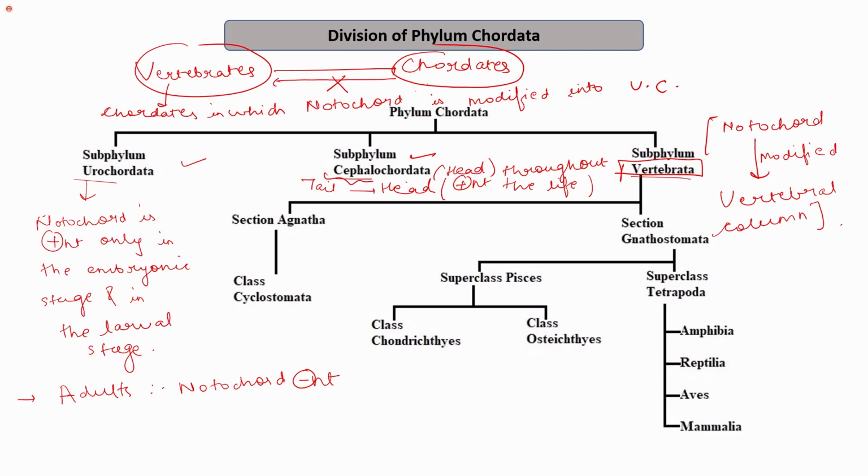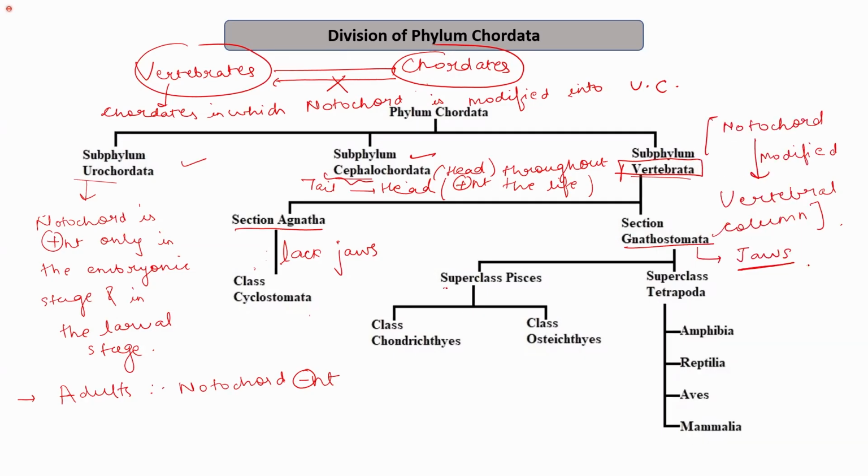to as the vertebrates. So these vertebrates were the class Cyclostomata, that is they lack the jaws. The second section is the Gnathostomata that have the jaws, and it is further subdivided into two superclasses.